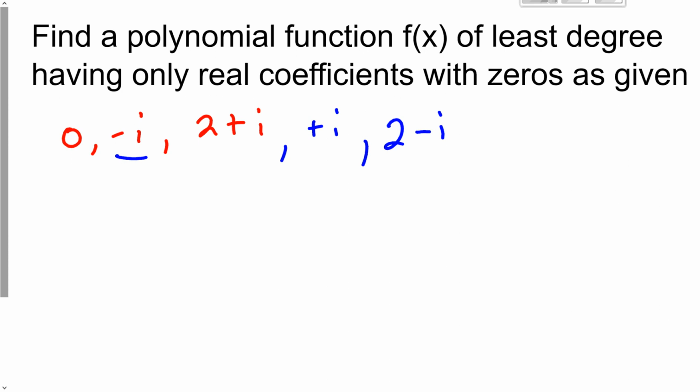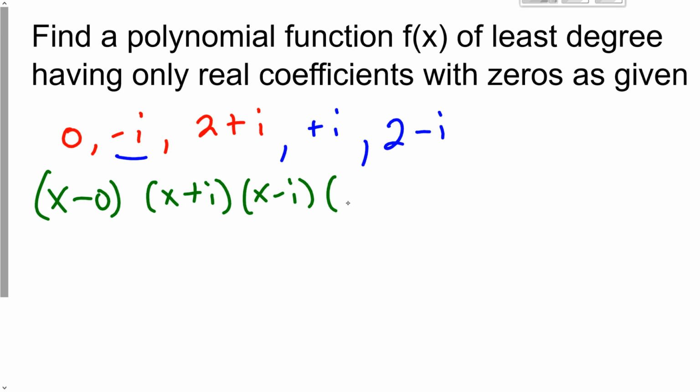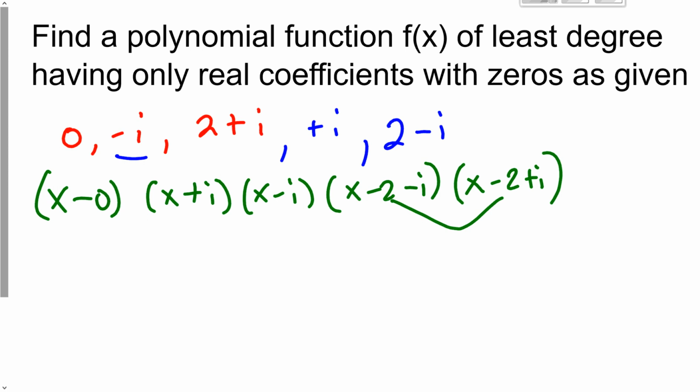Now if those are solutions, what are the factors? x minus 0, x plus i, x minus i, x minus 2 minus i, and x minus 2 plus i. Notice that the first terms are the same on the conjugate, and these are opposite.